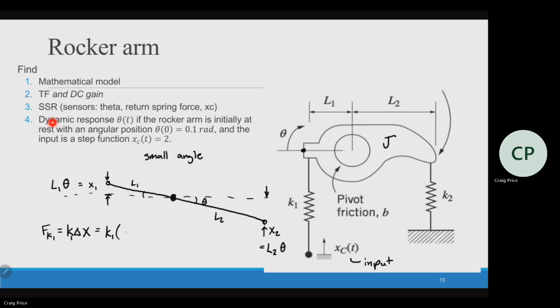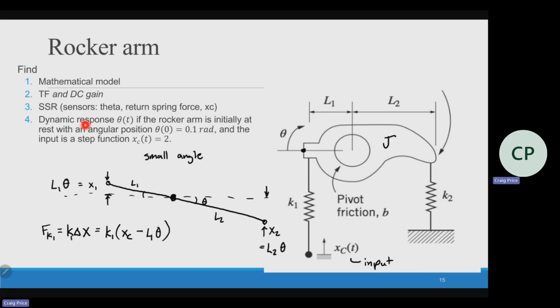But this is going to be the difference. One of them for the spring is X sub C, that is the cam follower. And the other one is what we just talked about. As it moves up or down, that's going to be L1 times theta.